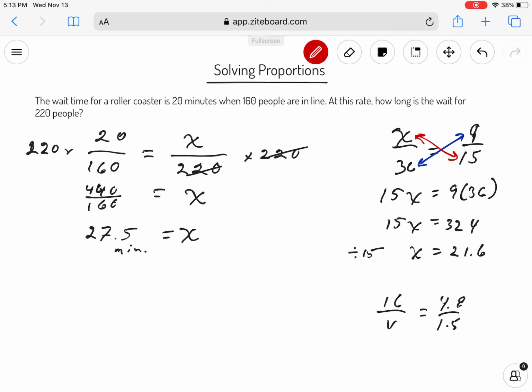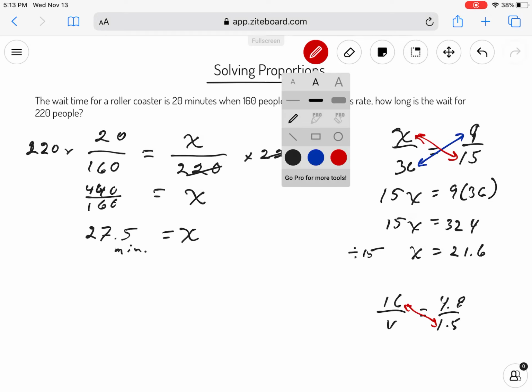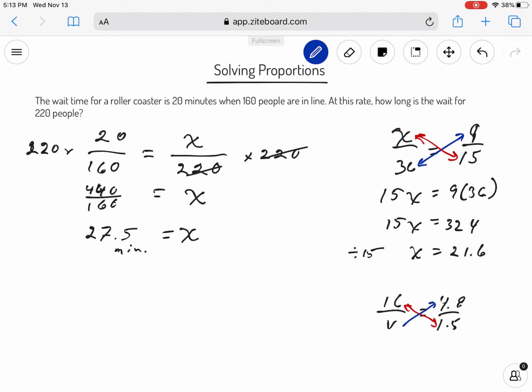So I want to cross multiply again. I'm going to multiply 16 times 1.5. And I'm going to multiply the v times 4.8.